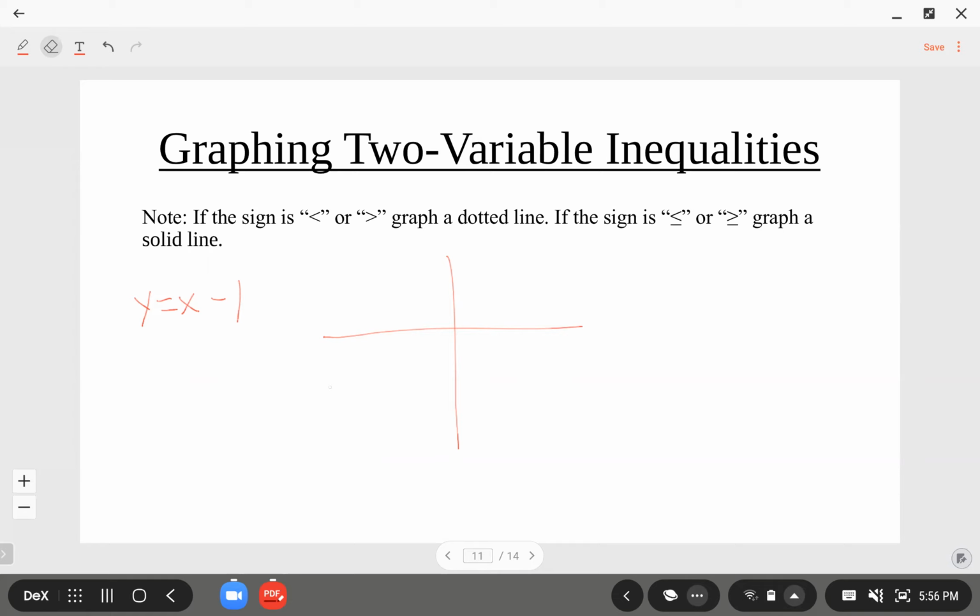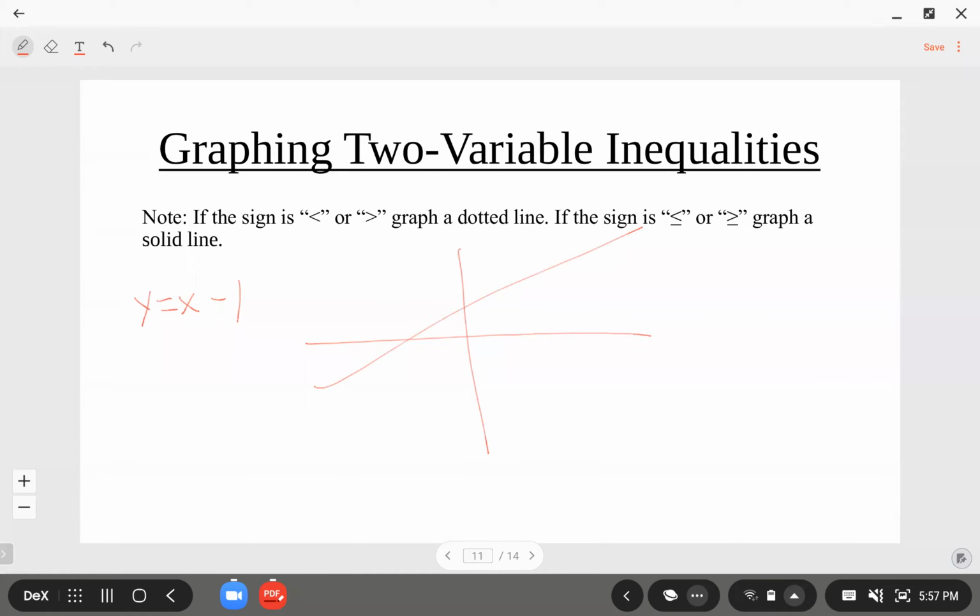But remember how I said inequalities are not just one solution? Same with the single variable inequalities. There are infinite possibilities. So what we need to do here is shade it.